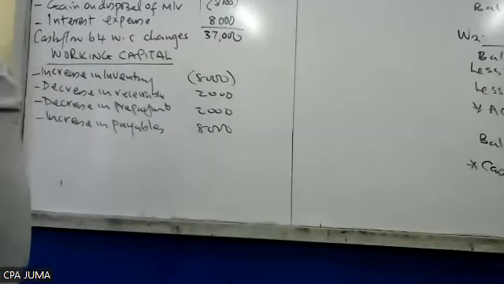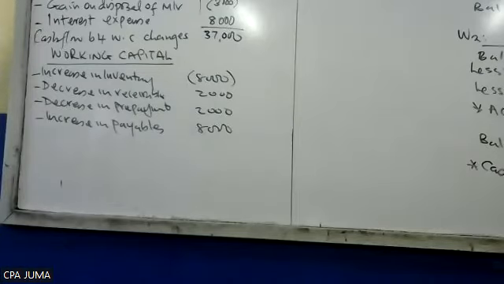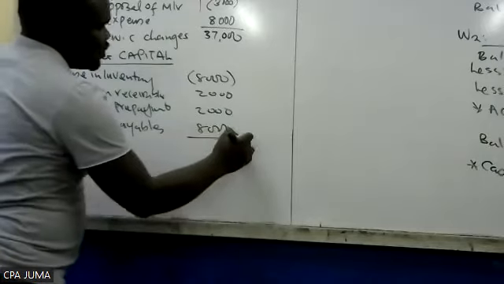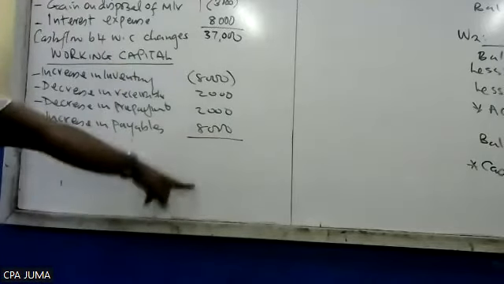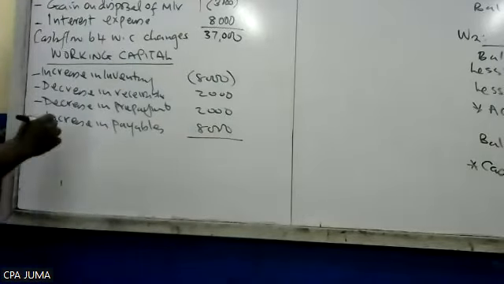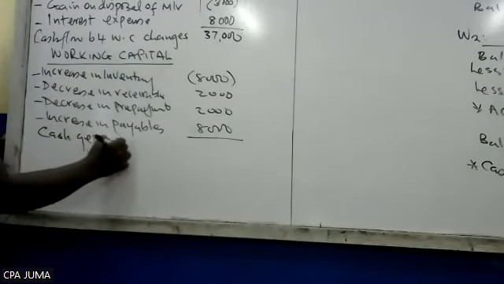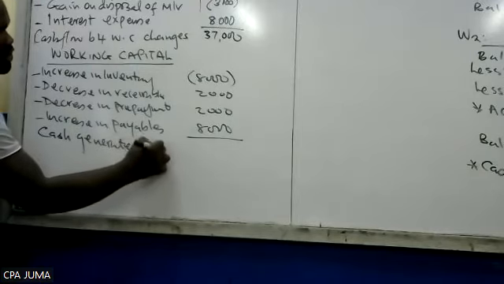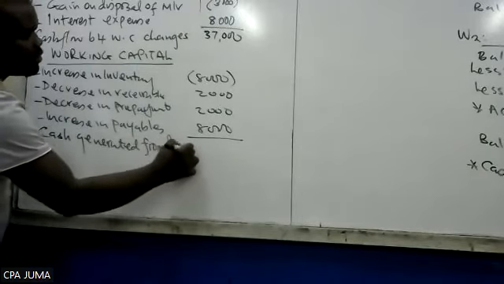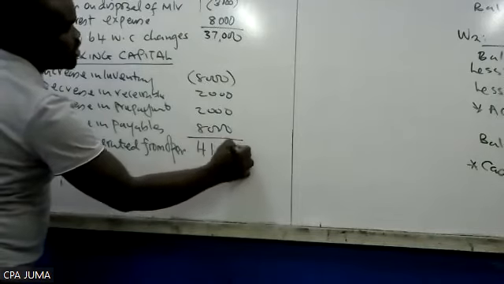Interest will go to financing. That ends there. So all of it is cash generated from operations. 41. Positive.